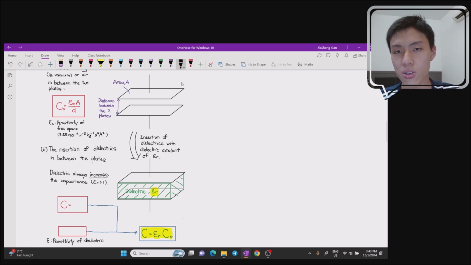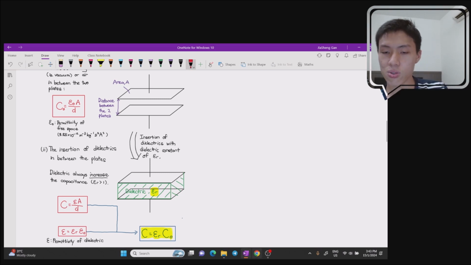Okay, so we know that C equals epsilon A over d, and because we know that epsilon equals epsilon r epsilon naught, we can use these two pieces of information and find our conclusion, which says that by inserting a dielectric of dielectric constant epsilon r, you improve the capacitance by a factor of epsilon r.